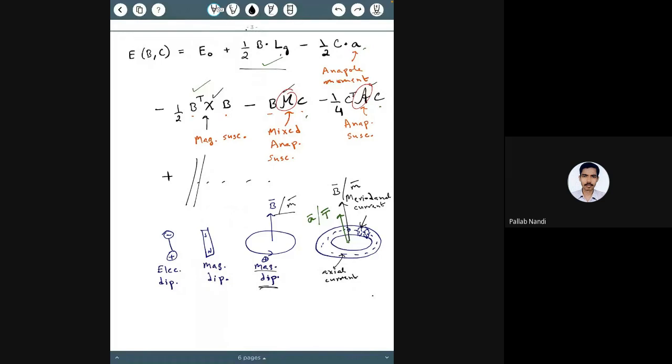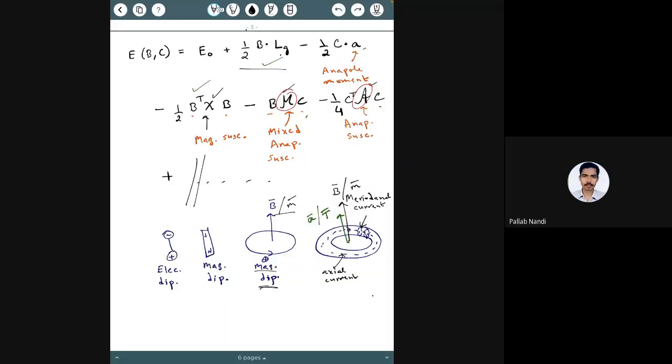So there are two arrows, one for the anapole moment and another for the usual magnetic dipole moment. So in a toroid, you have two kinds of moments generated, and they interact with the field in different ways.